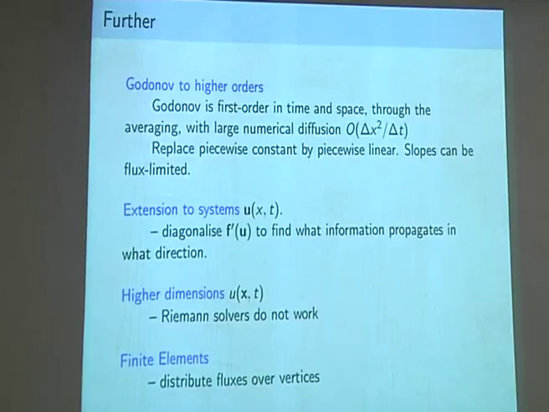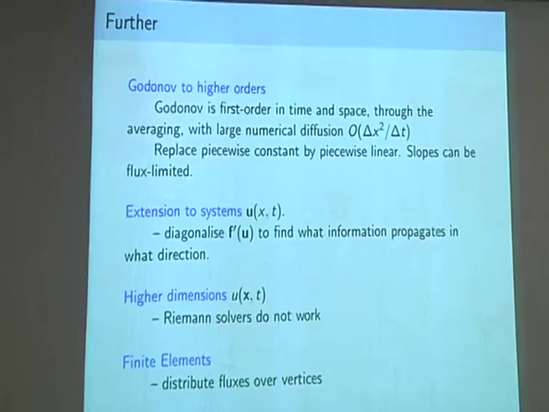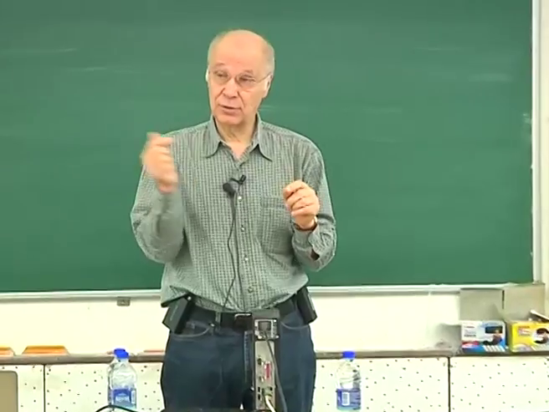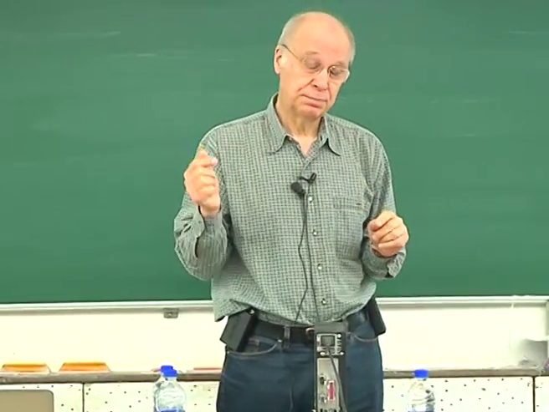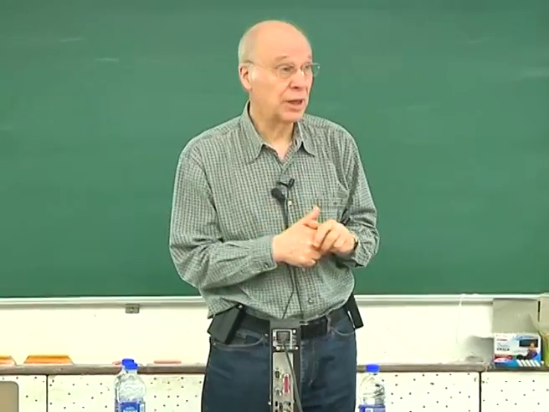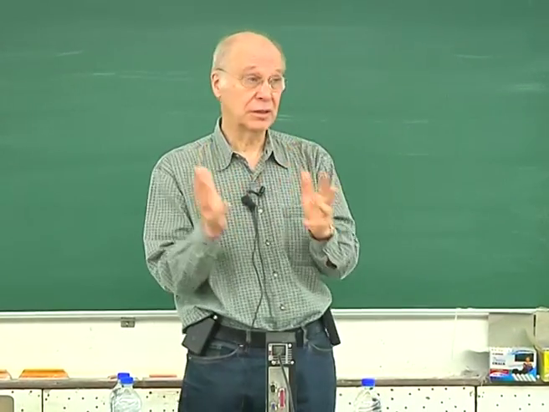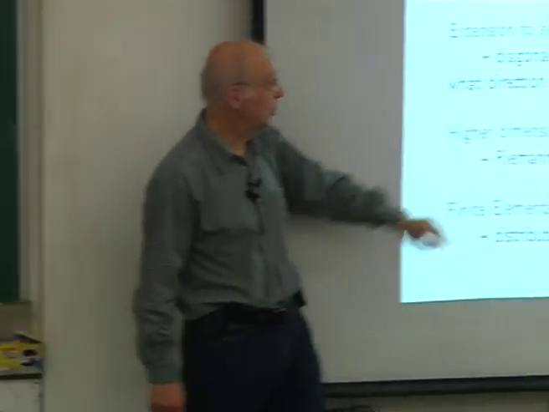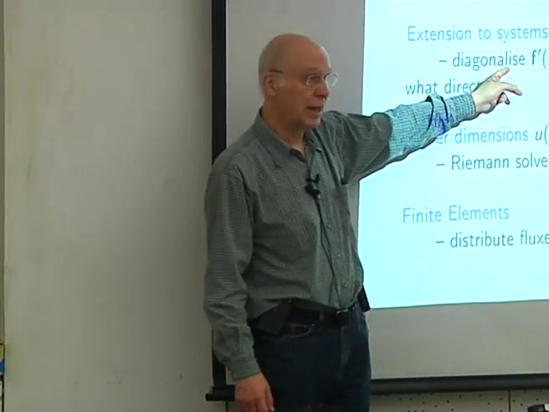That's what we want in gas dynamics. Even in one-dimensional gas dynamics, we have velocity, pressure, density, and temperature that we have to move. So we have a vector of quantities we have to move. And what you have to do is to look at the speed of propagation.